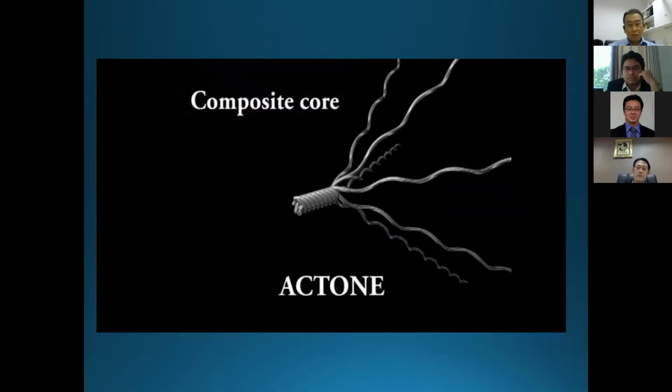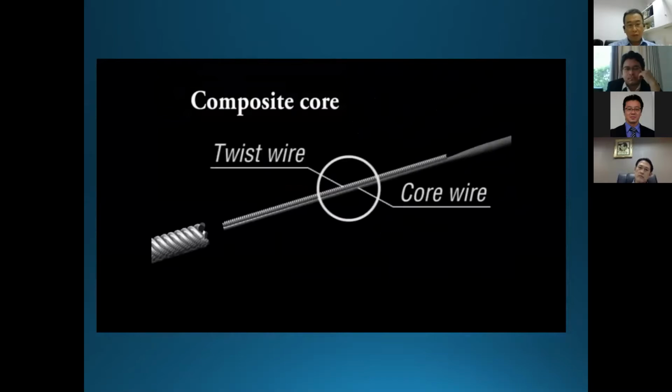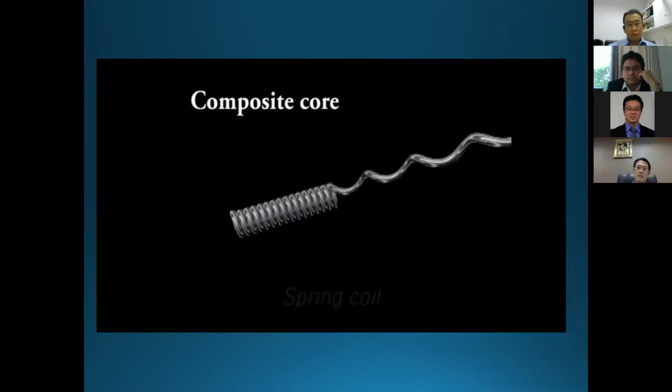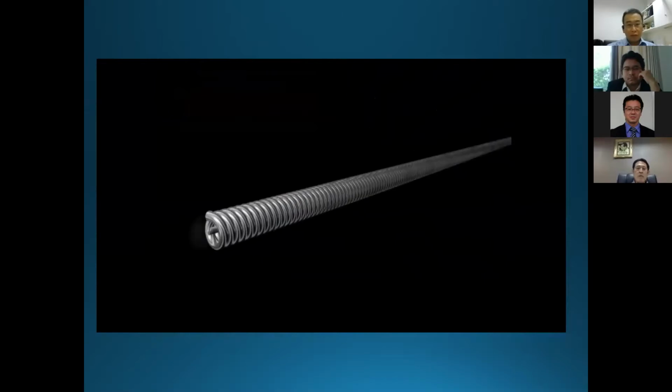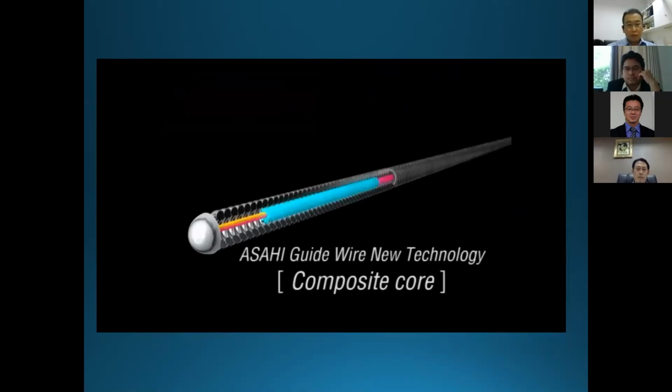On the other hand, the Sion guide wire is a little bit more complex, and we call it the composite core. It has a cable tube, an additional coil and springs, and finally the outer coil. So we call this ASAHI Guide Wire new technology the composite core.